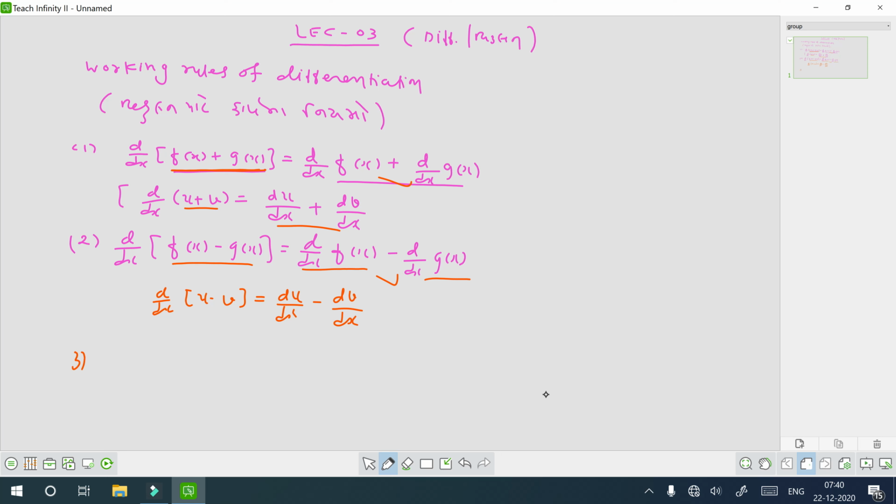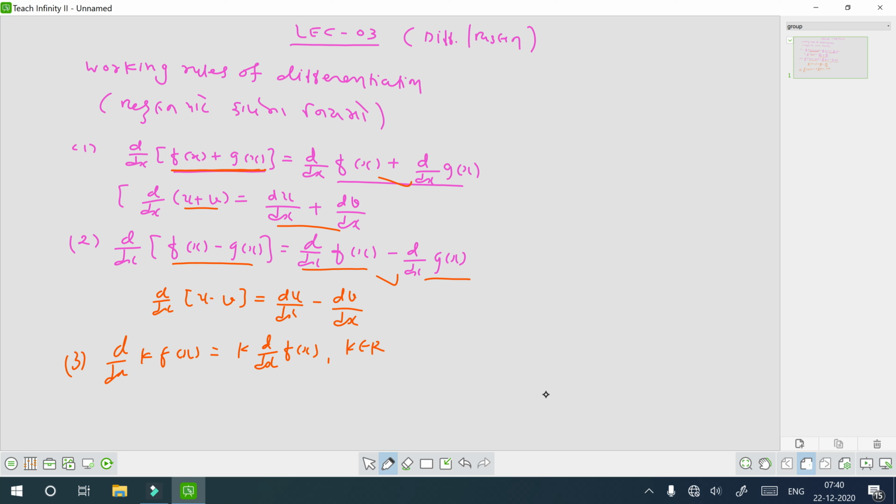Third one, d by dx of k f(x), where k is a constant. So we can take the constant k outside also. Clear? Here we can write k belongs to R. When a function is multiplied by a constant, we can take the constant common out of the differentiation. I already said at the time of limits that as far as calculus is concerned, whether it is differentiation, integration or limit, we can take a constant quantity outside.